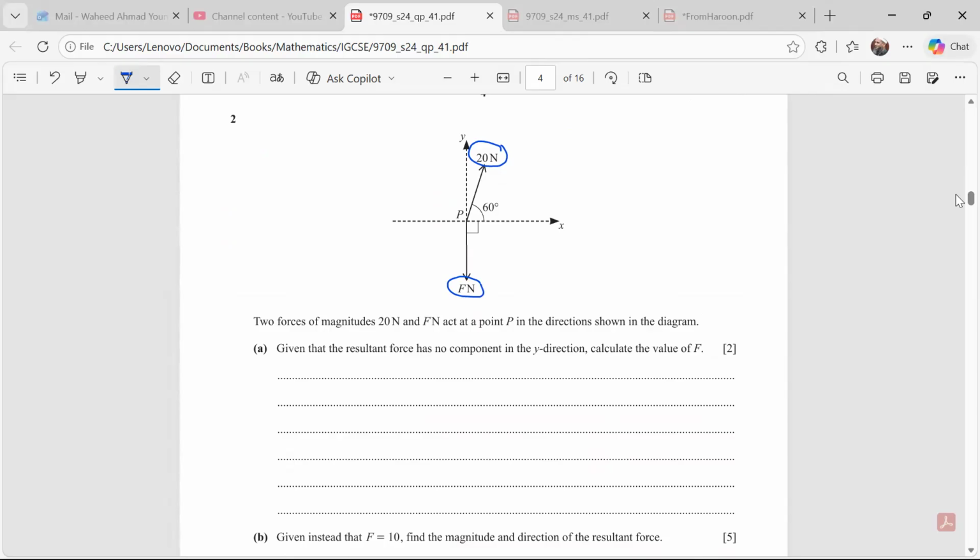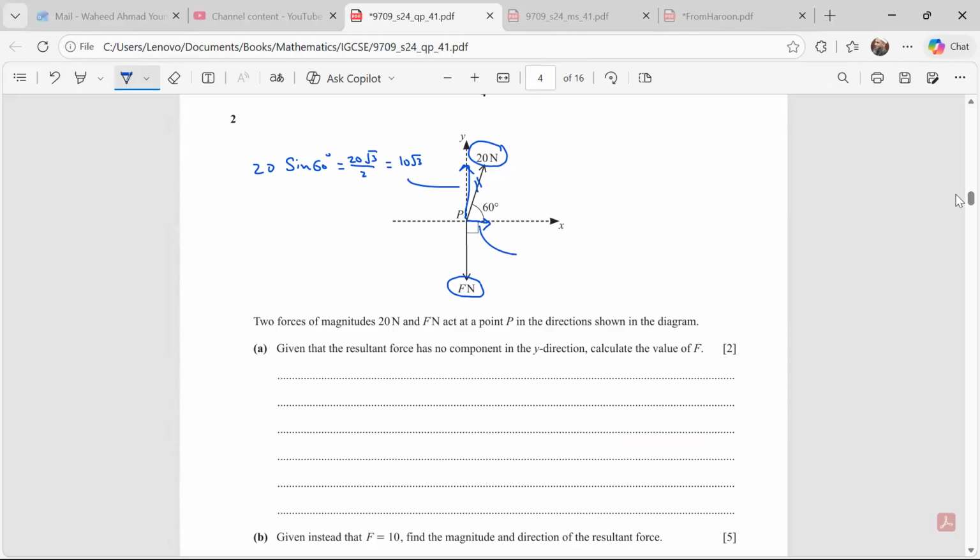Okay, so if I resolve this vector into x component and y component, then this component would be 20 times sine of 60 degrees. And sine of 60 degrees is root 3 by 2, so it's going to be 20 times root 3 by 2, so it will be 10 root 3.